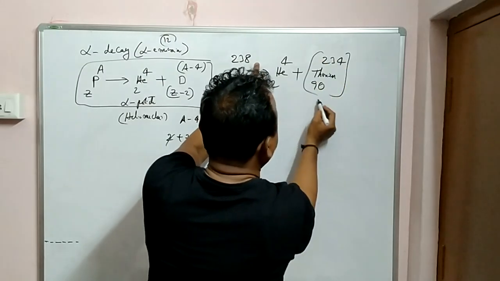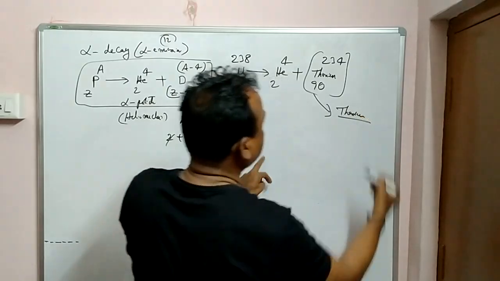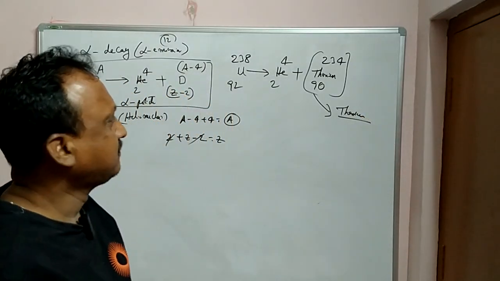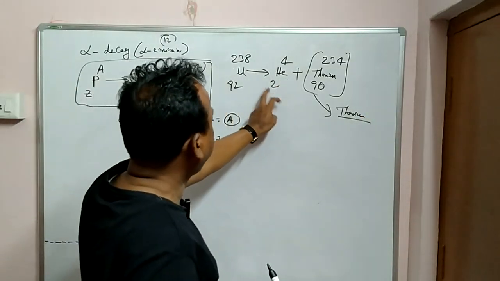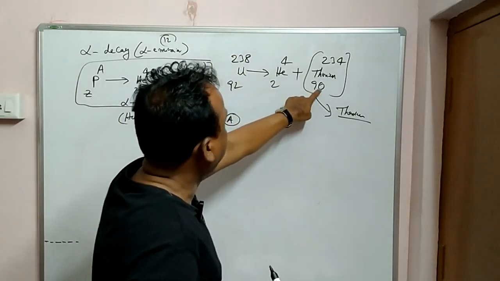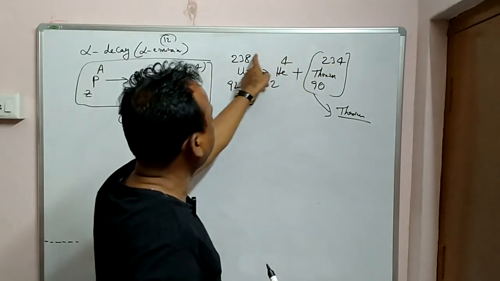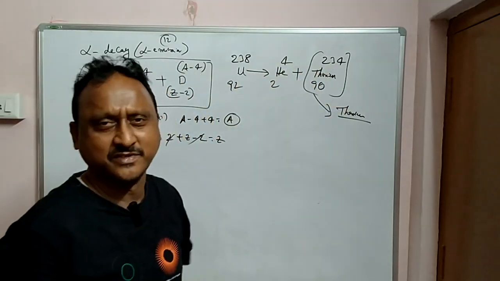So finally what you got? You got a thorium atom. See what happens: when uranium isotope 238 is emitting an alpha particle, 90 plus 2 is 92, 4 units reduced, 234 plus 4 is 238. So thorium comes out.